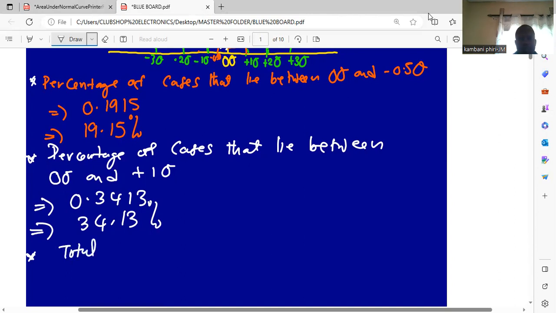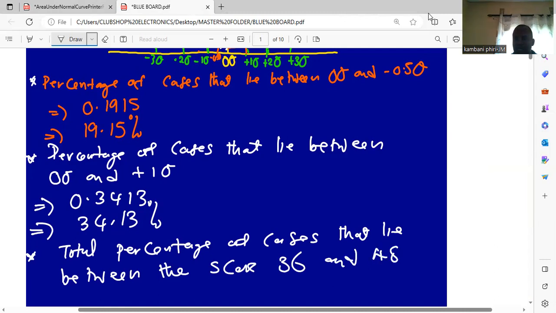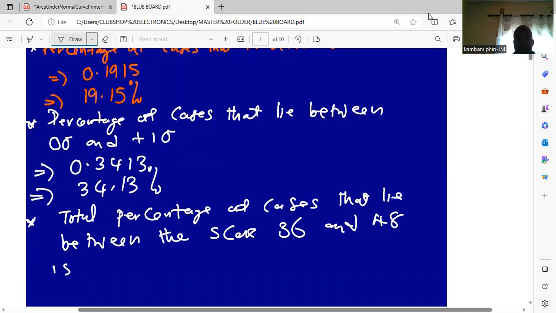the total percent of cases that lie between the score 36 and 48 is 19.15% plus 34.13%.